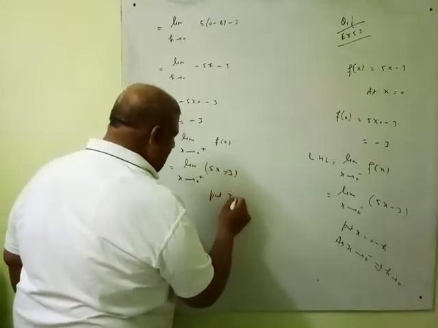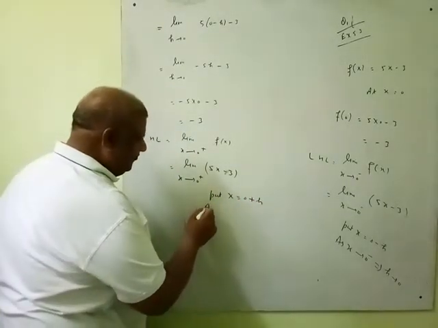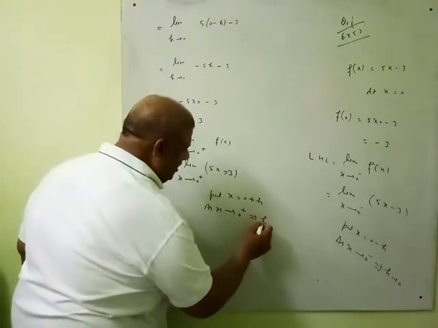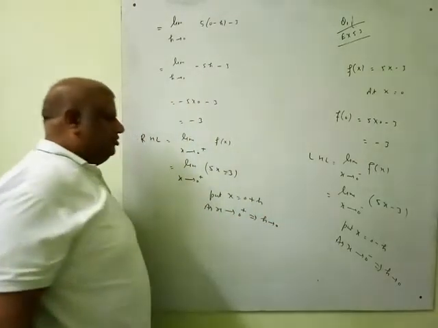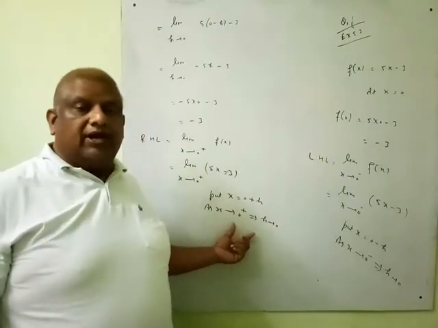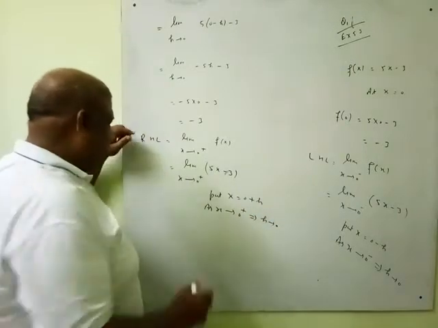Put x equal to 0 plus h. As x tends to 0 plus, it means h tends to 0, as we are approaching 0 from the right side.